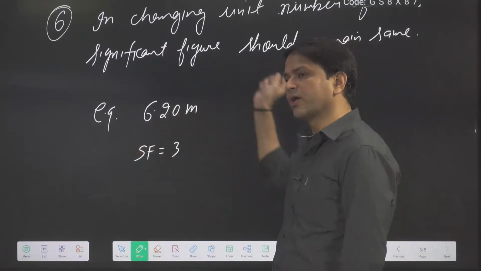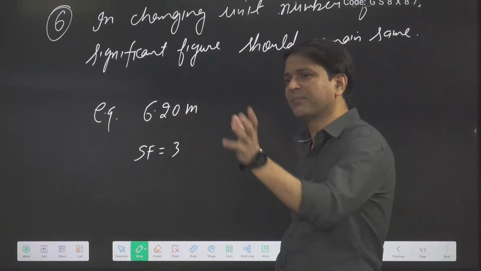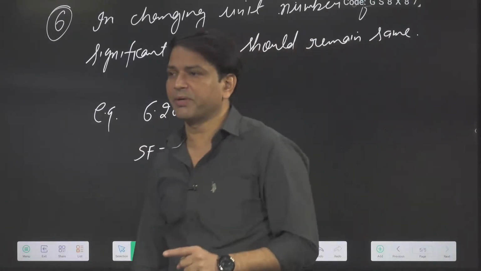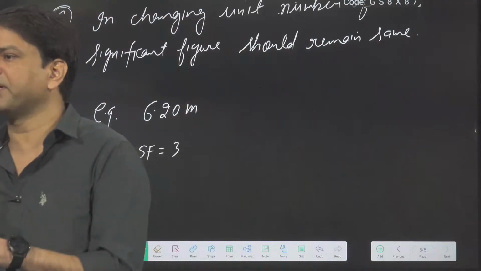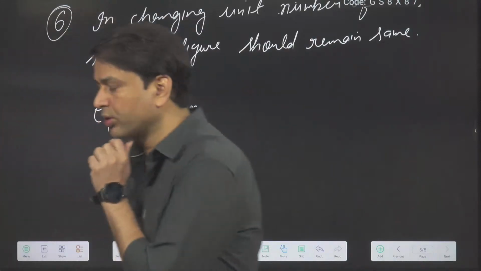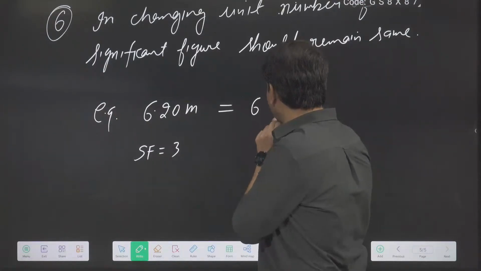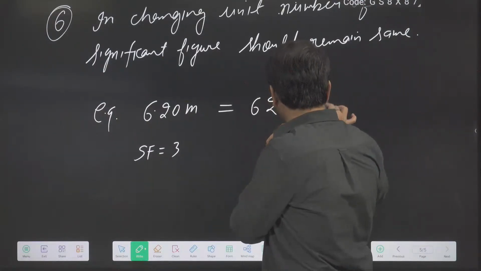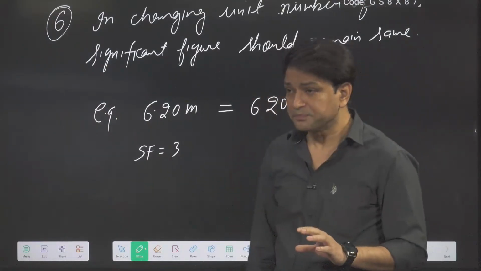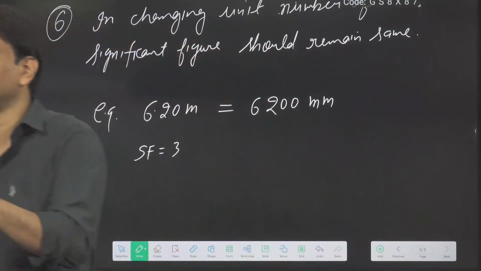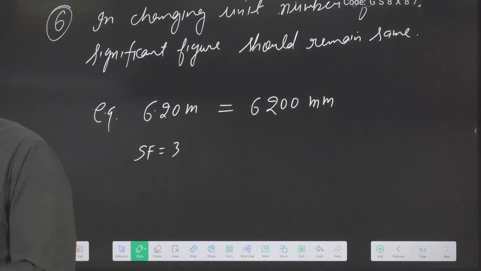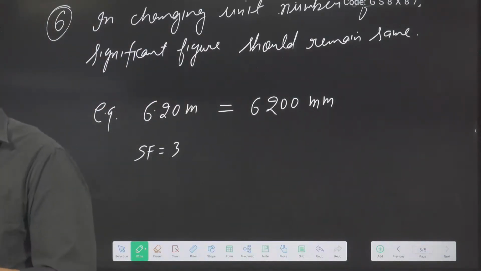Meter and millimeter, what is the relation? 1 meter is equal to 1000 millimeter. So I will multiply this by 1000, then I will get 6200 millimeter. But if I am writing 6200 millimeter, then how many significant figures does it have?